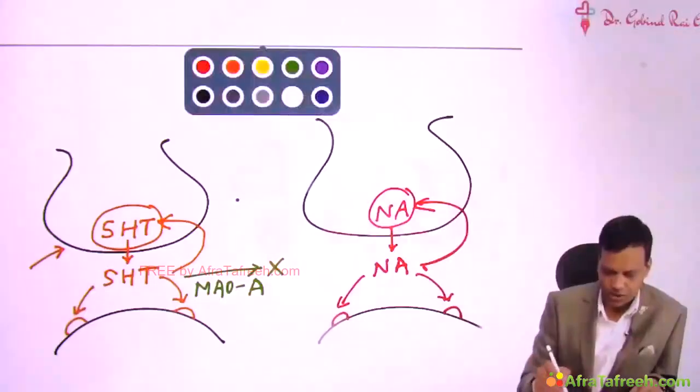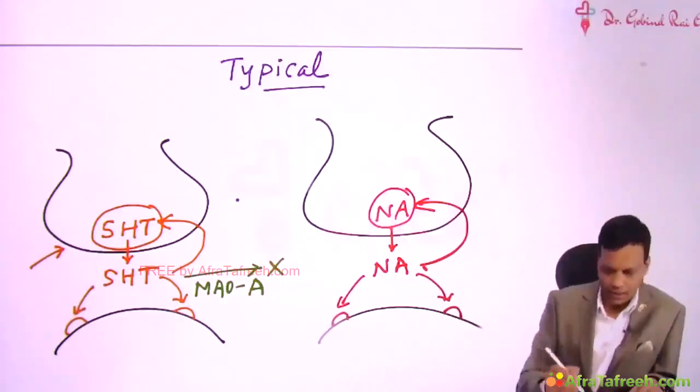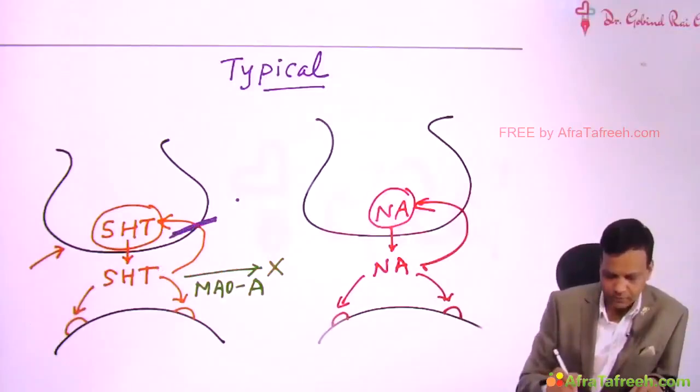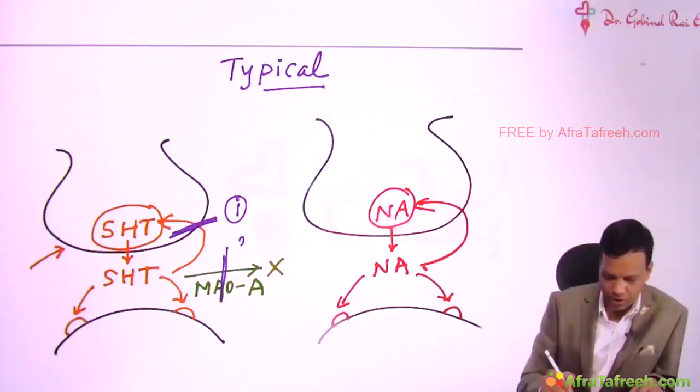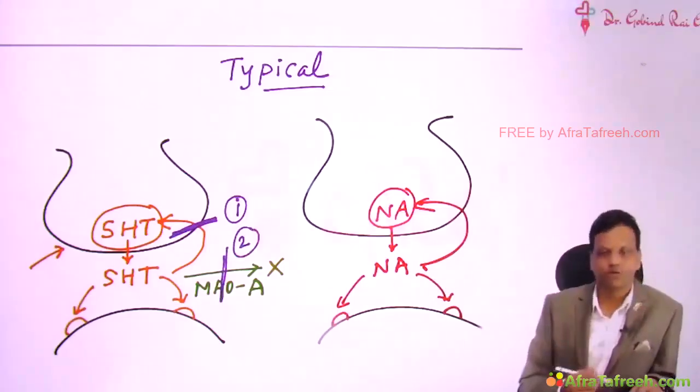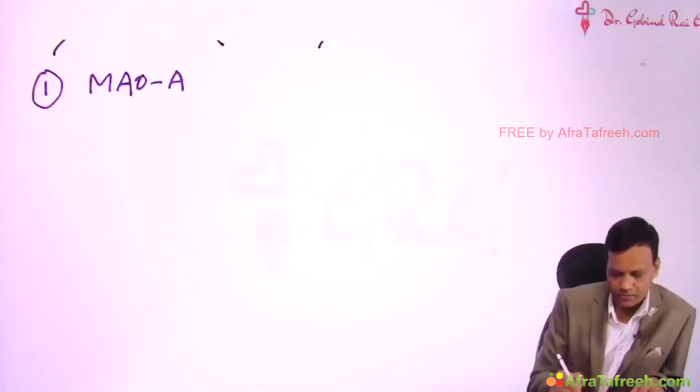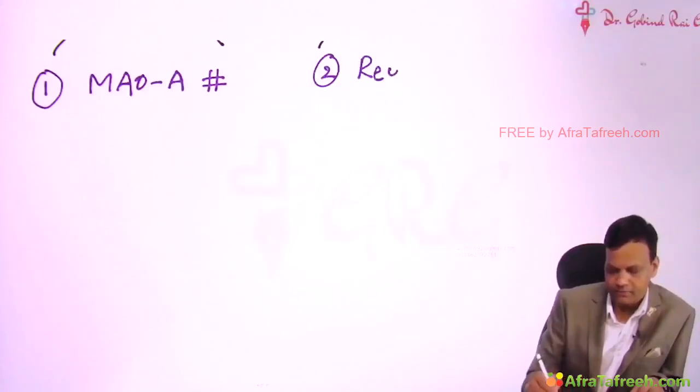We have two options. One option is we can inhibit the reuptake. The second option is we can inhibit the monoamine oxidase enzyme. So two types of typical antidepressant drugs will be one, MAO-A inhibitors, and second, reuptake inhibitors.